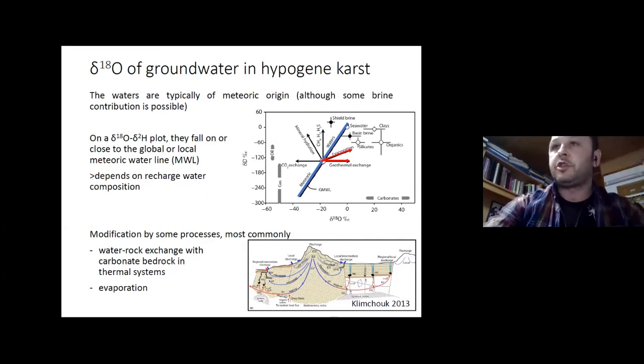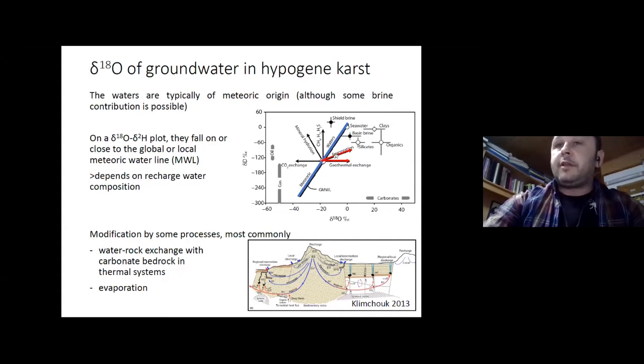There will be an oxygen exchange between the carbonate and the water. So the composition of our water in this plot, on oxygen and hydrogen, will be shifted towards more positive values on the oxygen, but the deuterium, or the hydrogen, will not be changed, because there is no hydrogen in the carbonate rock.